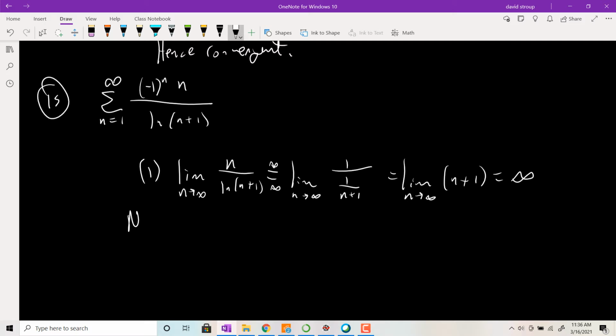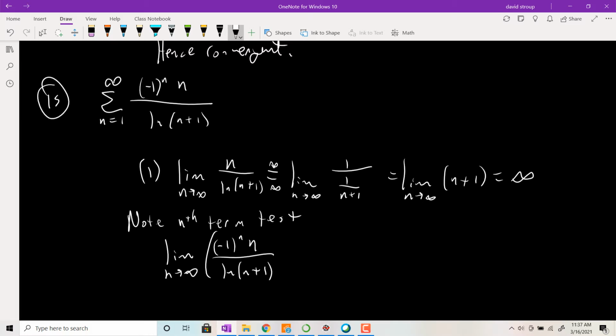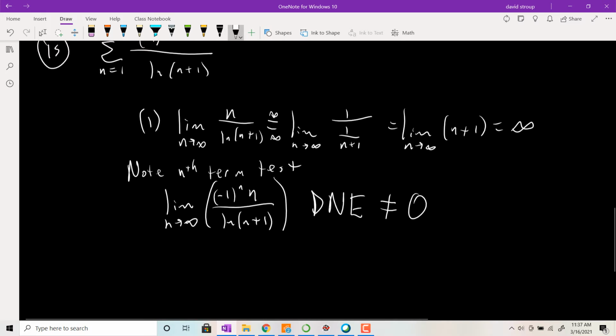So note the nth term test: you would have the limit as n goes to infinity of the whole thing, the negative 1 to the n as well. Basically, you could show that the even terms go to infinity, the odd terms go to negative infinity. In other words, the limit of this thing does not exist, the thing does not equal 0, in other words, it's divergent.